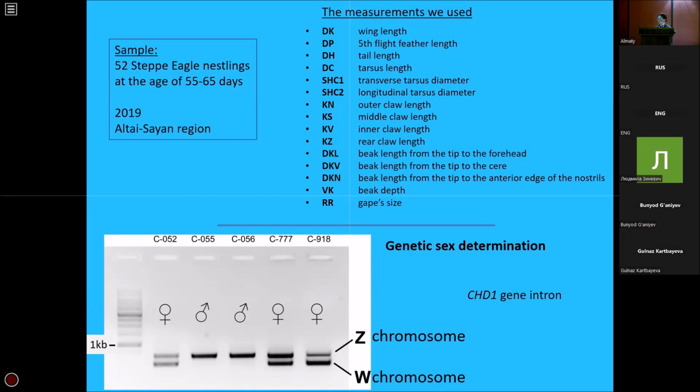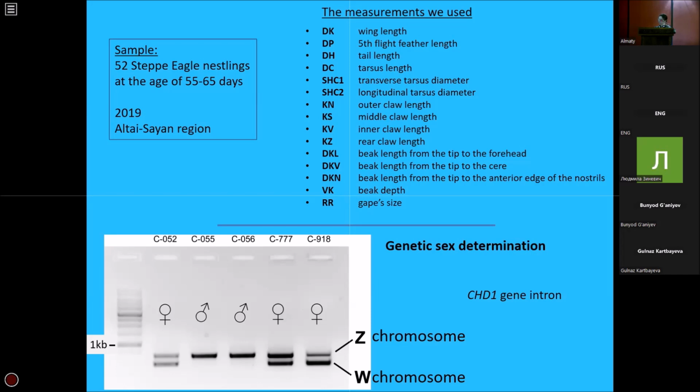So we can quite simply determine the sex by PCR. When we get one band, it's a male with two identical Z chromosomes, and if we get two bands, it's a female with Z and W chromosomes.